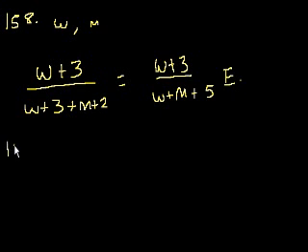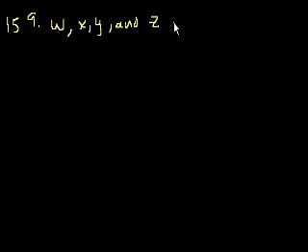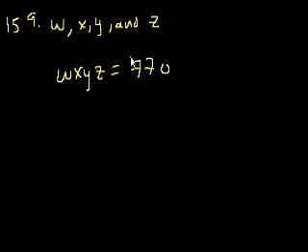Problem 159. If the product of the integers W, X, Y, and Z is 770, so let me just write that. W times X times Y times Z is equal to 770.